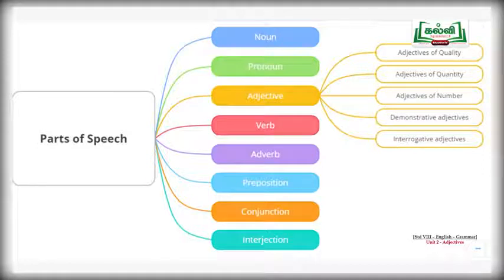And seventh, conjunction. And the last one is interjection. Adjectives are further classified into 5 kinds: adjectives of quality, adjectives of quantity, adjectives of number, demonstrative adjectives and interrogative adjectives. We have seen many examples of the 5 kinds of adjectives.